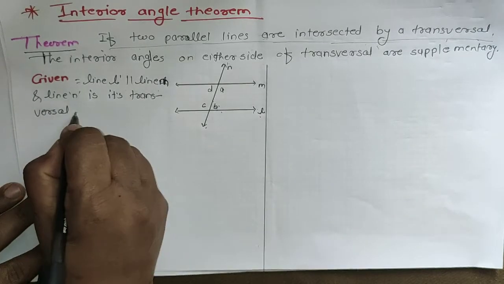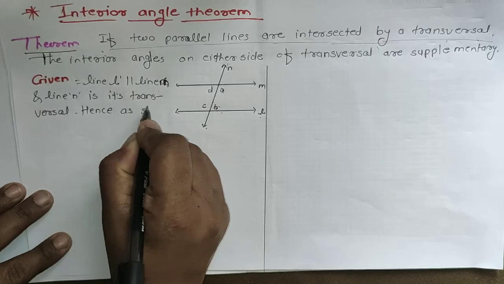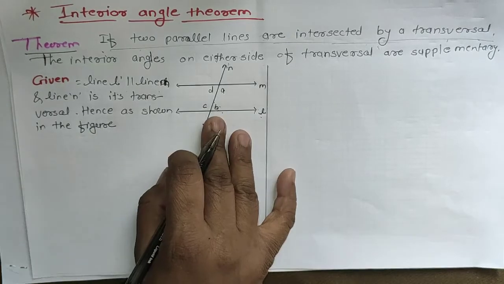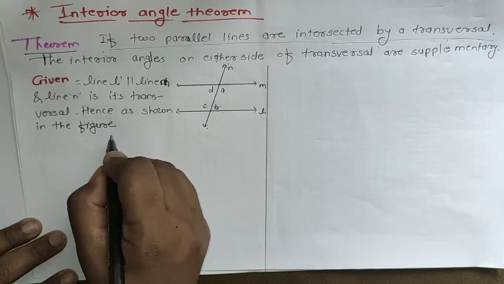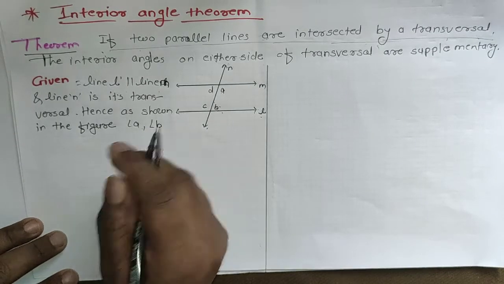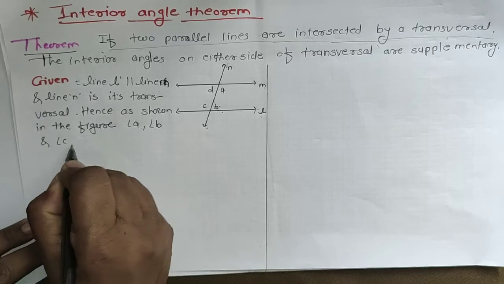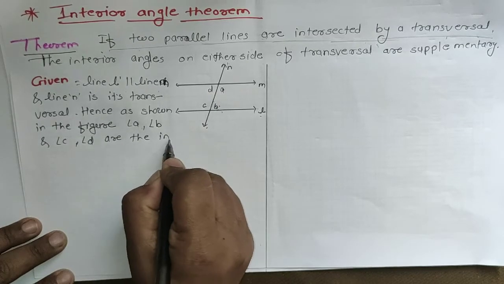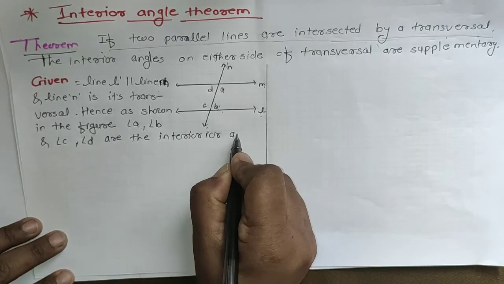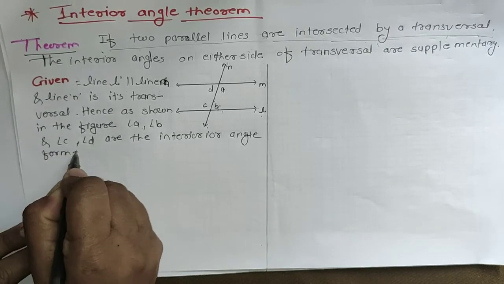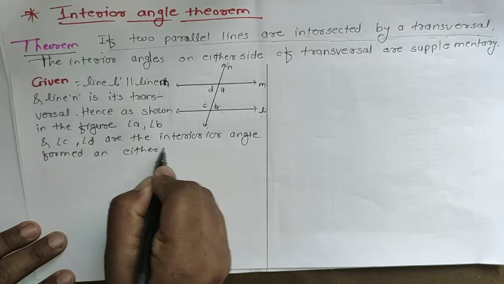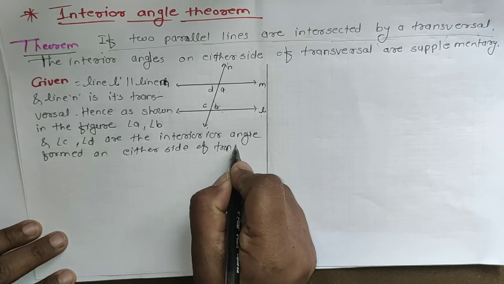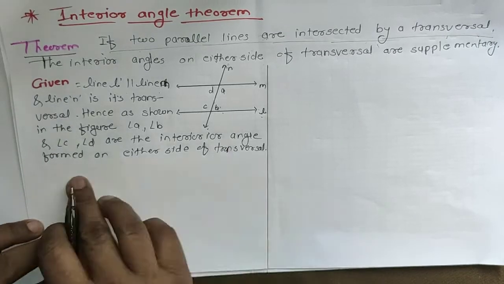So, as shown in the figure, angle A, angle B, and angle C, angle D are the interior angles formed on either side of the transversal. In this way we wrote the given.